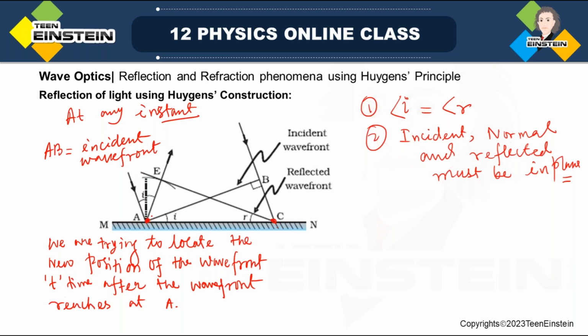As I said, the wavefront will touch at A first, then point B will reach up to C. Say t time is taken by B to go up to C. By the time B reaches here, point A will produce spherical wavelets, and that spherical wavelet will reach up to this point E. The secondary wavelet, a part of a spherical wavefront like this, will reach up to E, isn't it?